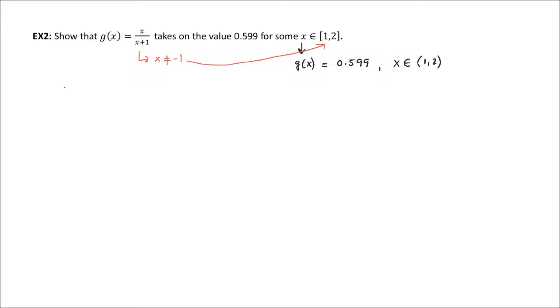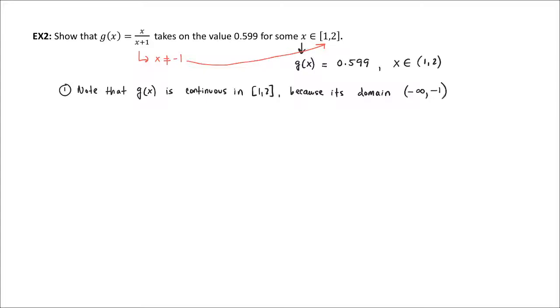So we will say here, number one, to note that g of x is continuous in the closed interval [1, 2] because its domain is from -infinity to -1, not including -1, union -1, not including -1, to positive infinity.